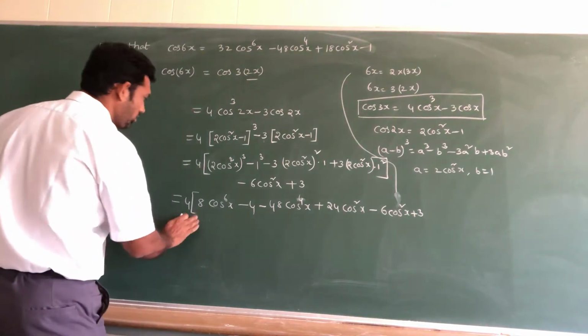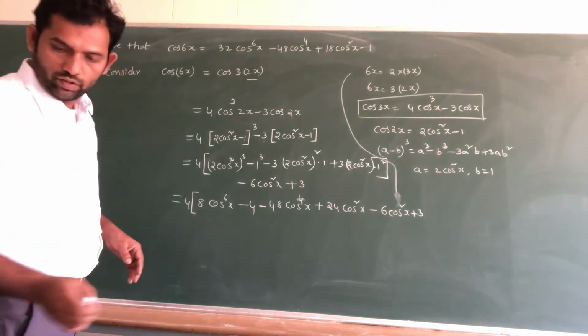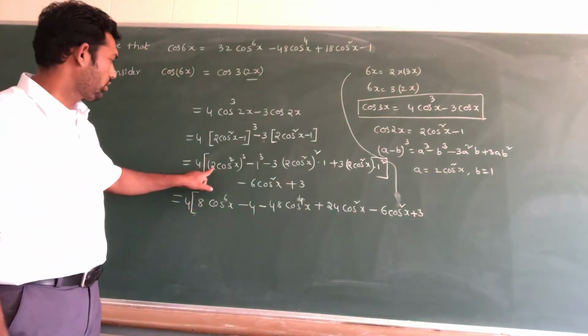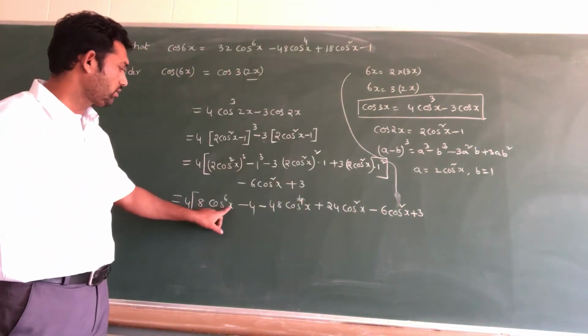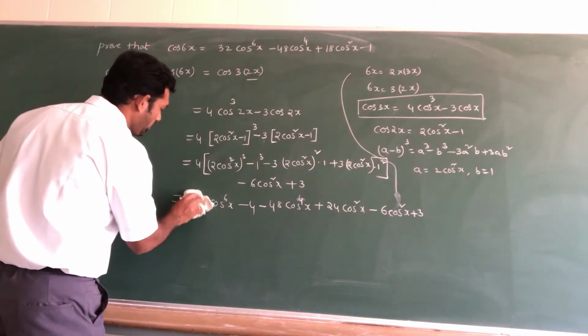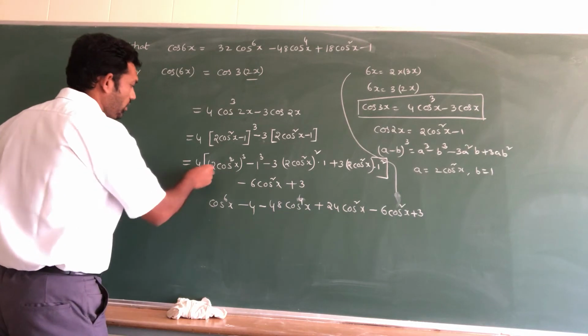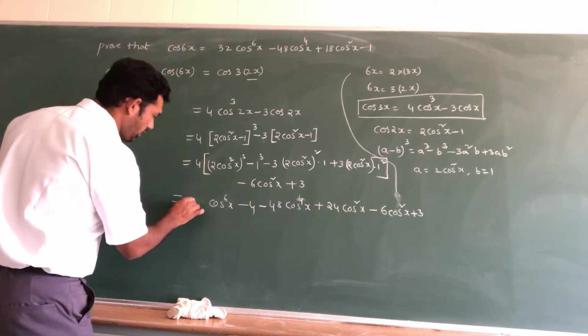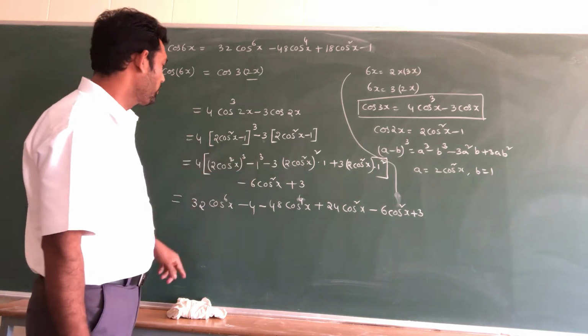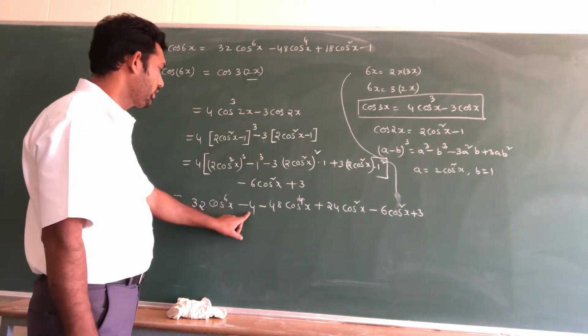So this bracket also you should remove. See once again, listen. 2 cube 8 cos^6 x. Next multiply with 4, what happens? 8 into 4 is 32 cos^6 x. Next, 1 cube means 1, so 1 into 4, minus 4.